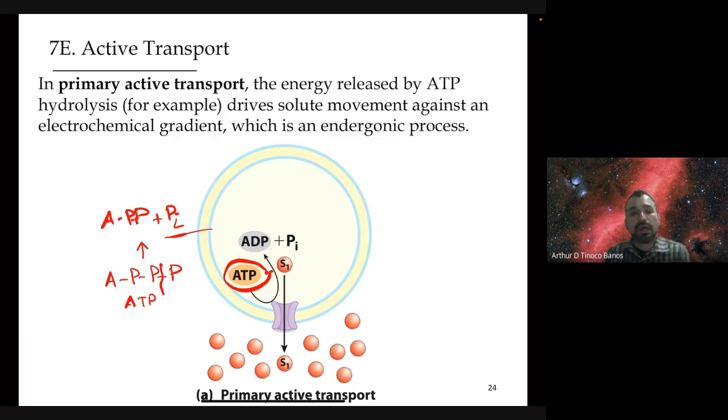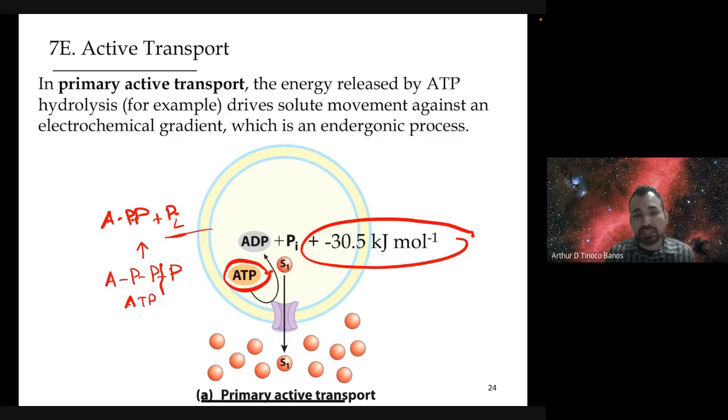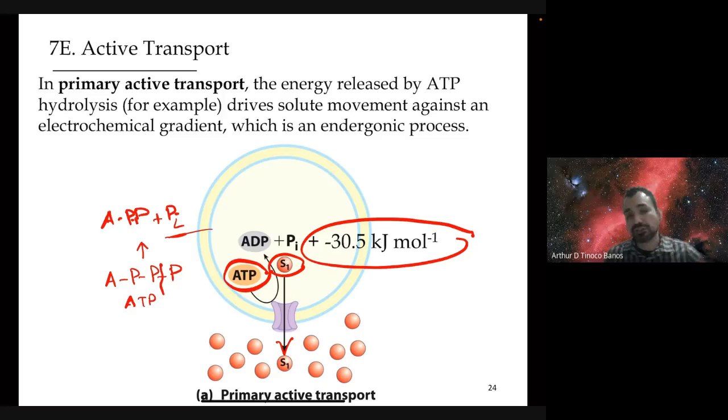That liberates a lot of energy, an amount of negative 30.5 kilojoules per mole. In fact, when you study biochemistry, you know that ATP is basically a storage of energy for us. So you have this lysis, and that energy supplies the ability of the solute to move against its electrochemical gradient, moving from low concentration to higher concentration.